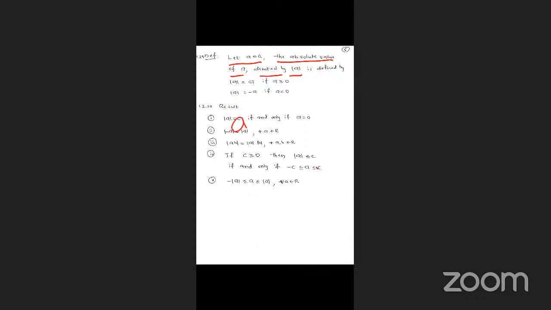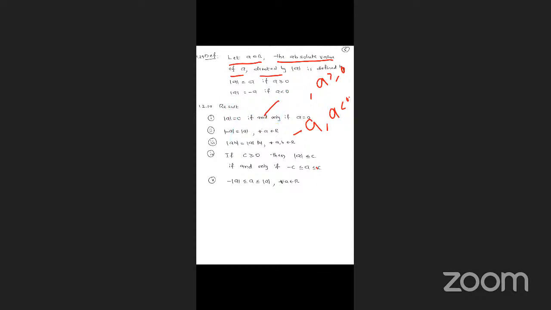Mod A is equal to A for the first condition, and minus A for the second condition. The first condition is A greater than or equal to 0, the second is A less than 0. Negative number means A is less than 0. Positive number means A is greater than or equal to 0. This is the absolute value definition.